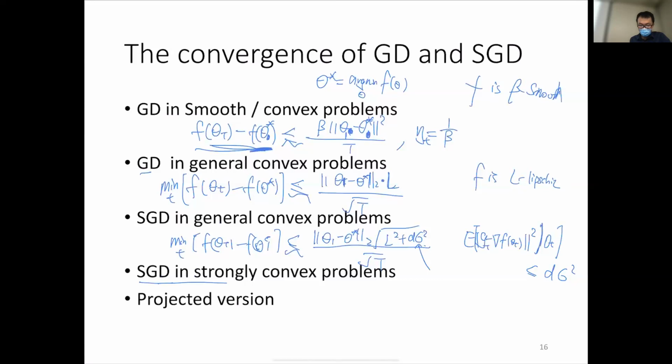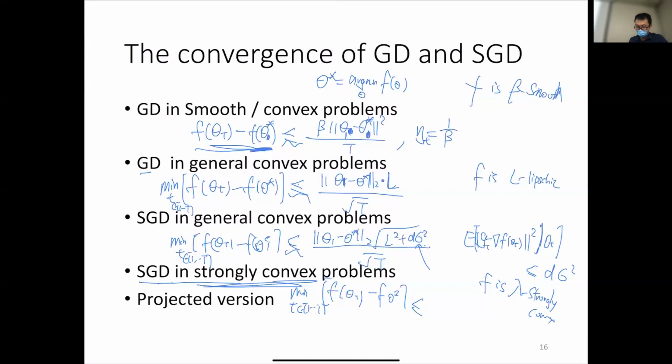Lastly, for the strongly convex problem, let's say that f is lambda strongly convex. Then you can show a similar result, but a lot faster for the stochastic gradient descent.